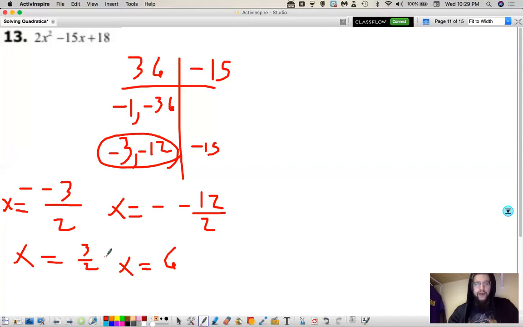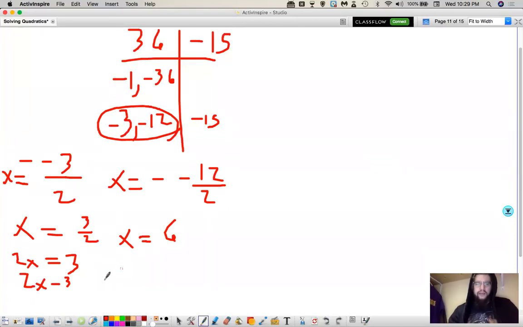No freaking fractions. 2x is 3. 2x minus 3 for one of my factors, and x minus 6 for my other. All I'm doing is solving these things for 0. So there it is, factored.